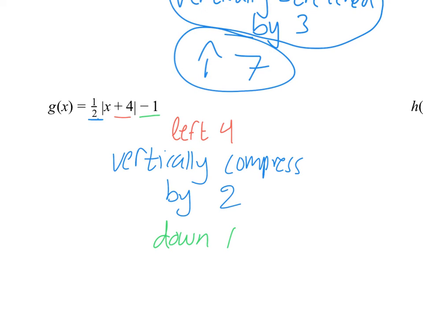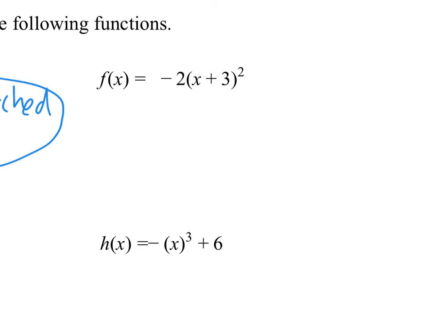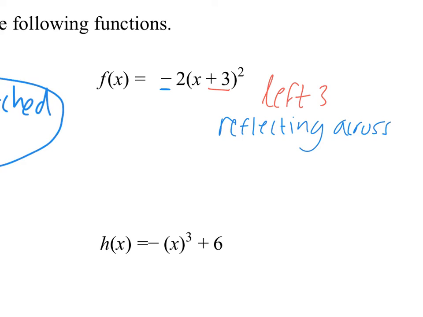Right. Over here, adding 3, that's going to go left 3. And then this negative, remember, is something completely different than saying vertical stretch by -2. The negative tells me I am reflecting across x, right?